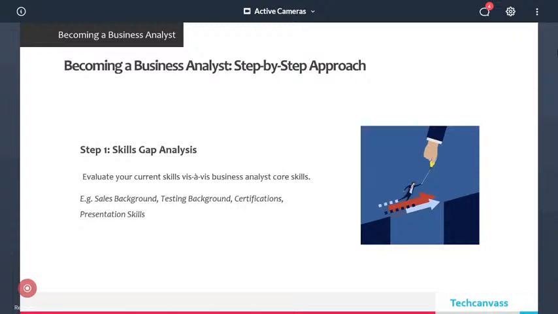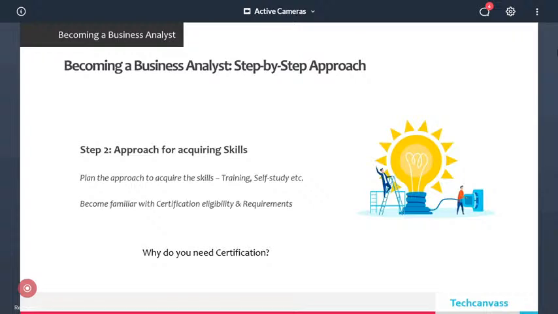So you need to critically look at what are the skills which I discussed, which need to be acquired. Where do you stand from that perspective? So you will have an inventory of items where you need to learn. Now you need to decide how do I get it?